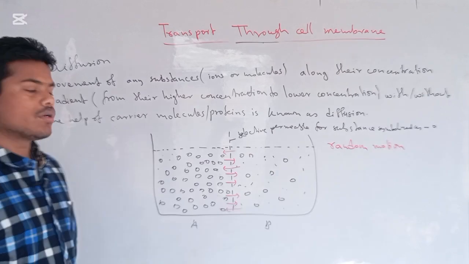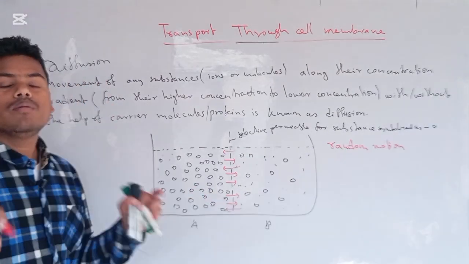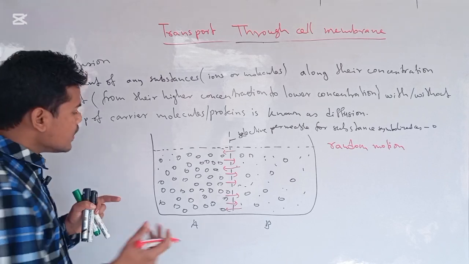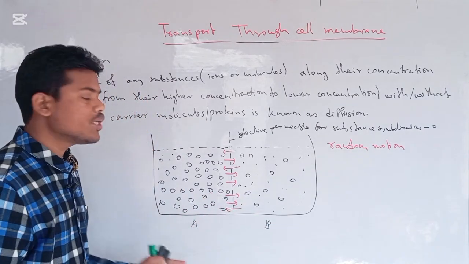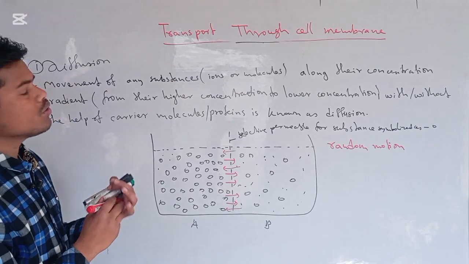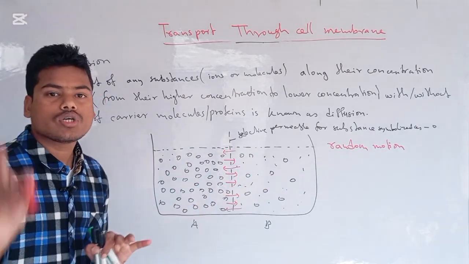But the point is that the net diffusion will occur from where to where? The net diffusion will occur from A to B, that is, the net diffusion will always take place from higher concentration to lower concentration.